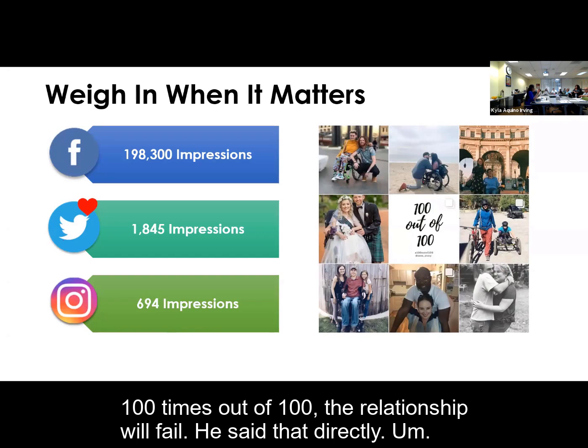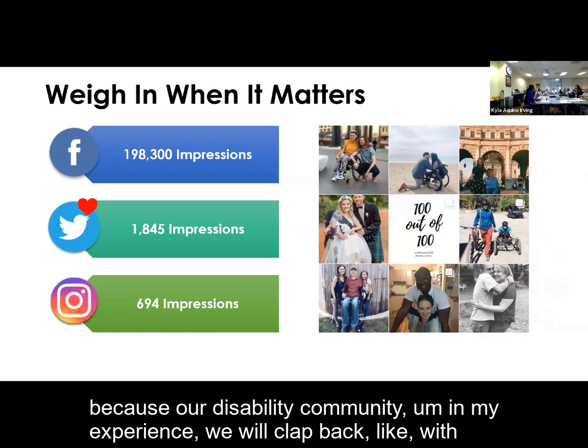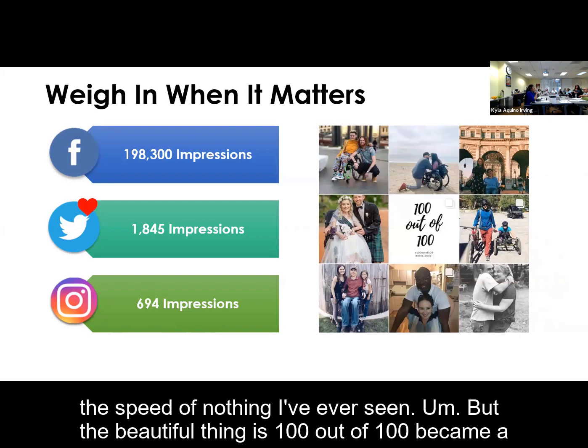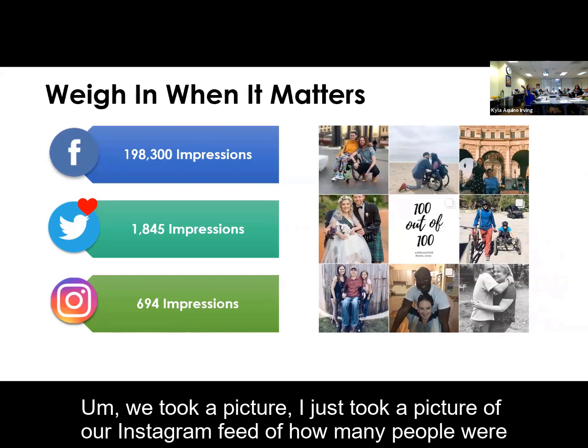He said that directly. And so the internet, which is such an interesting thing, because our disability community, in my experience, will clap back with a speed like nothing I've ever seen. But the beautiful thing is "100 out of 100" became a hashtag, and people were sharing their relationship photos, pictures of their weddings.